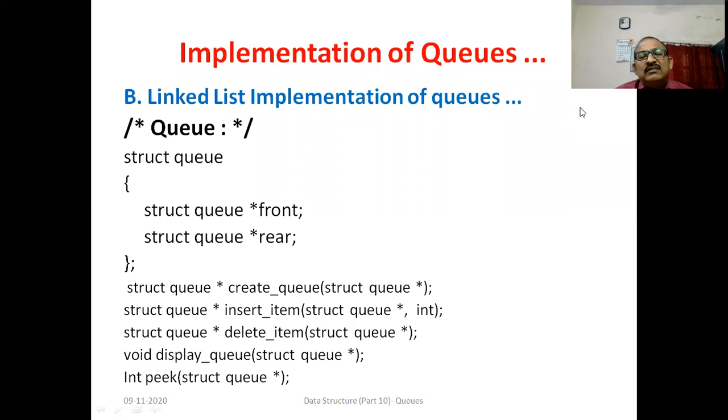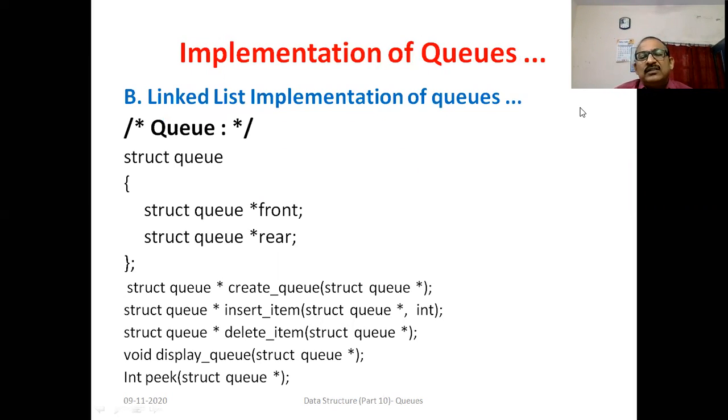Next is the insert item function. It takes two parameters, and the return type is struct queue. Delete item takes one parameter, struct queue star, and the return type is the queue type. Next is display queue. This function is used to display the items of a queue, and the return type is void.